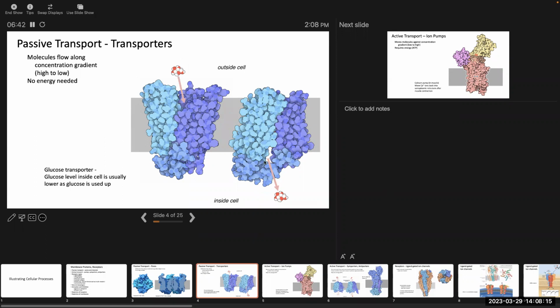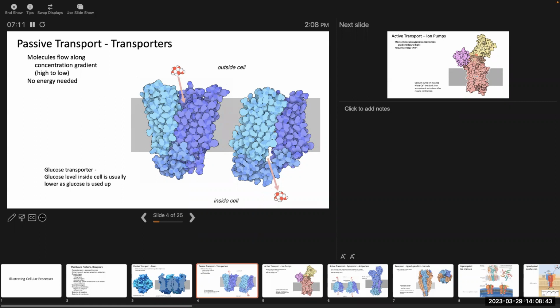And then there's a shape change in the protein that allows the glucose molecules to pass to the inside. There are, if I remember correctly, 2 different binding sites. One glucose is bound to the outside, one is bound to the inside. When that second glucose binds to the outside, then the shape change happens and the one on the inside is released.